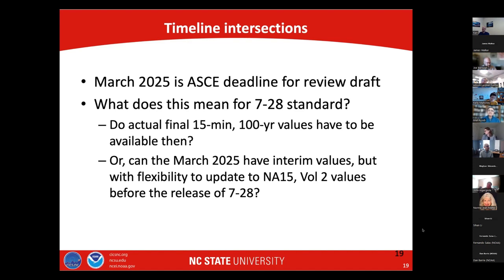Right. That makes sense, Ken. And just so I can make sure, because we bounce back and forth between NOAA Atlas 15 and ASCE 728, and they're two separate but interrelated activities. So you're talking about a portal that would support the dissemination of data from Atlas 15, right?